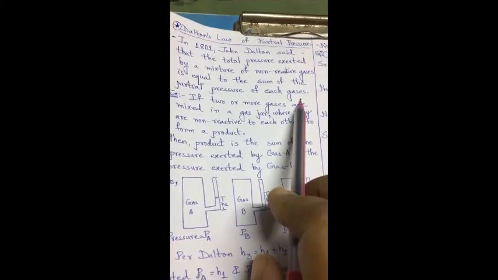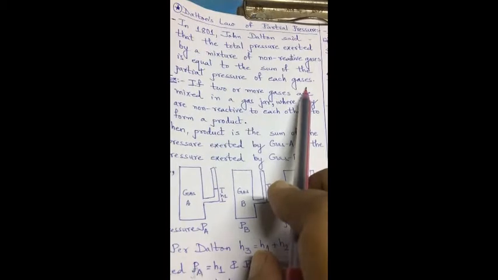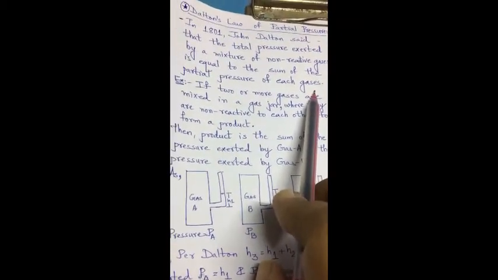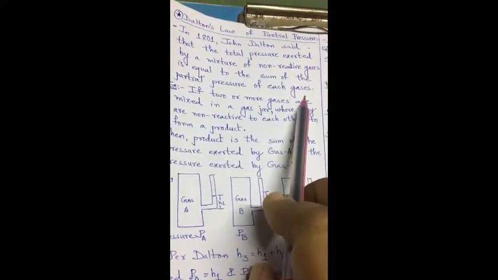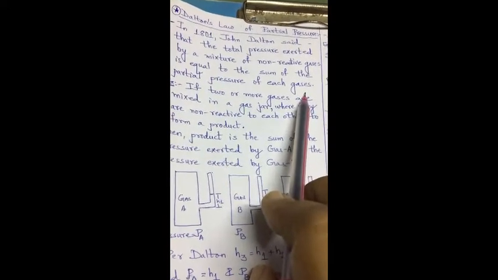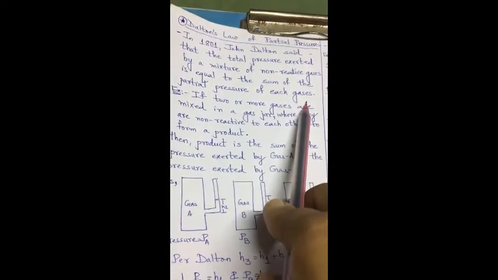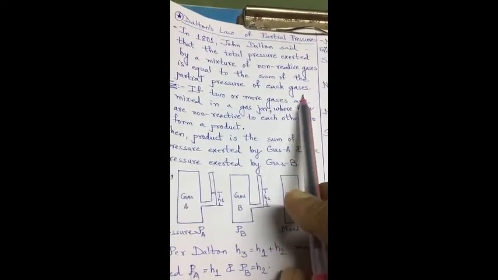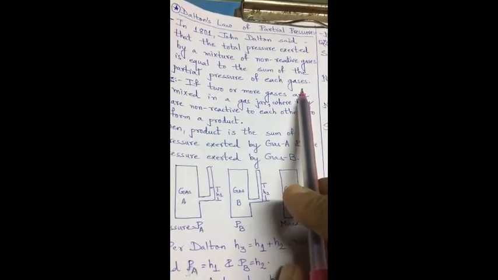So Dalton had the idea that all the time we are not supposed to study only a single gas. Now if more than one gas are mixed together and if they are non-reactive, then they will not react with each other and they will exert pressure, because after all they are gaseous, and the gaseous state has more space between the molecules, so they will randomly move here and there, collide and exert pressure.